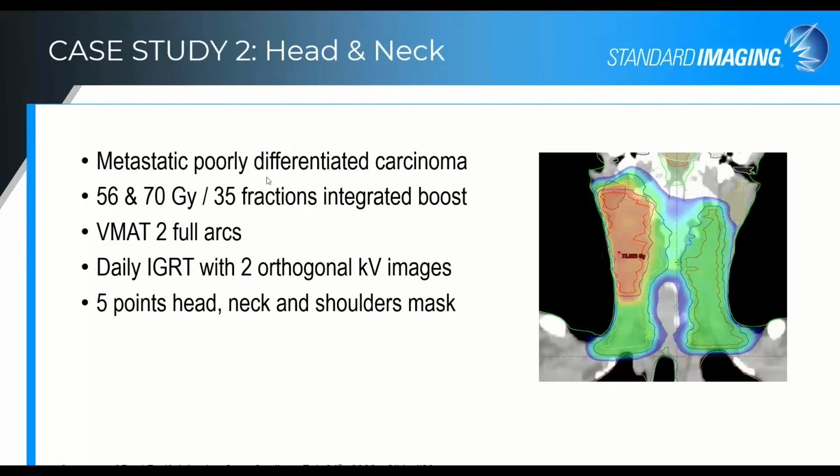And this case study is a head and neck plan, poorly differentiated carcinoma, 56 and 70 gray, 35 fraction integrated boost, VMAT, 2 full arcs, with daily IGRT and 2 orthogonal kV images. And then there was a 5-point head, neck, and shoulder mask.